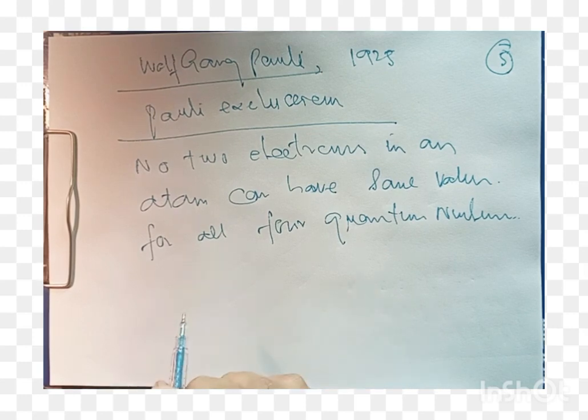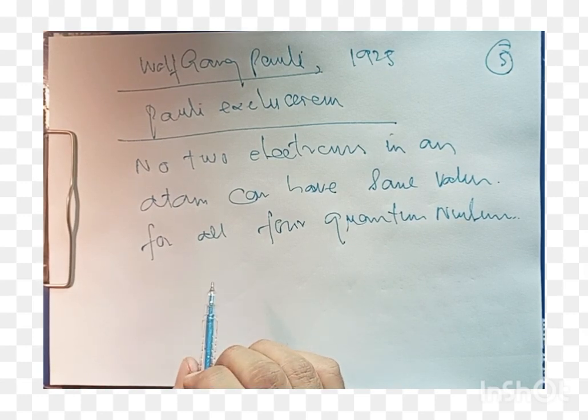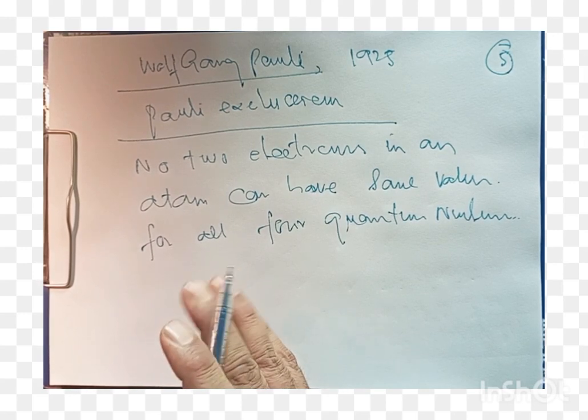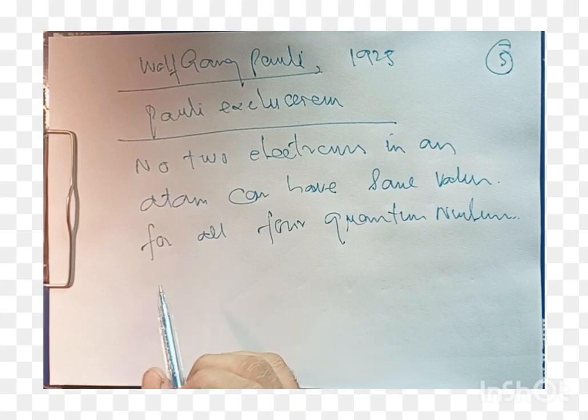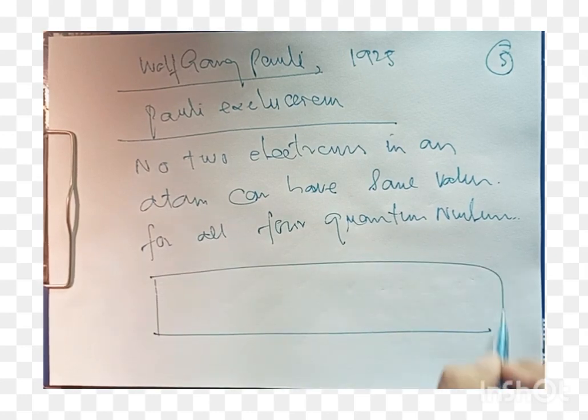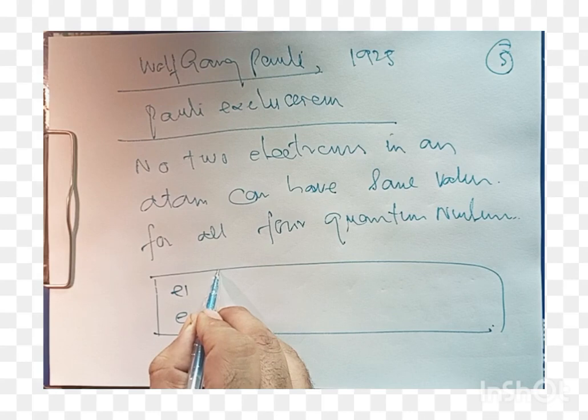And this can be put in place by virtue of an example. Suppose I take a case where we have two electrons, electron 1 and electron 2.